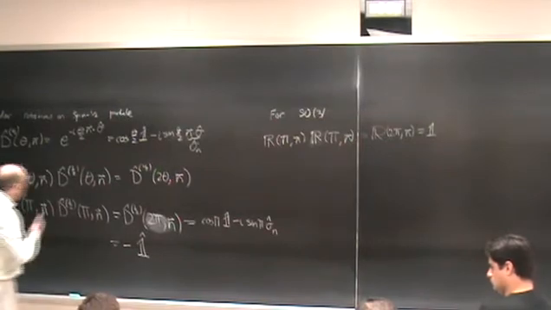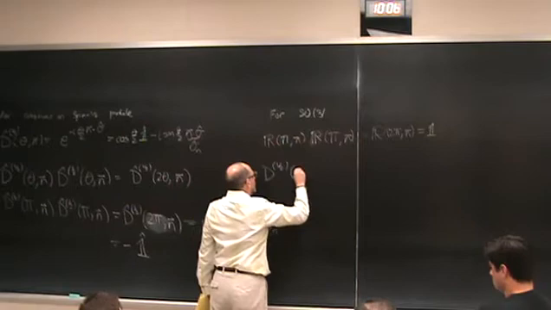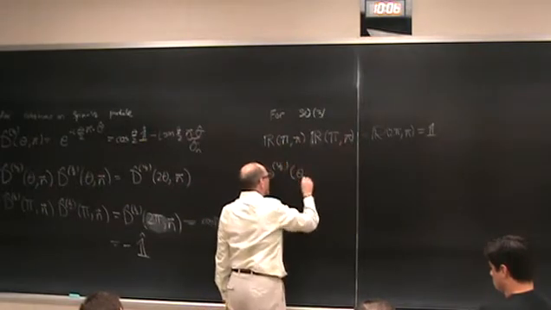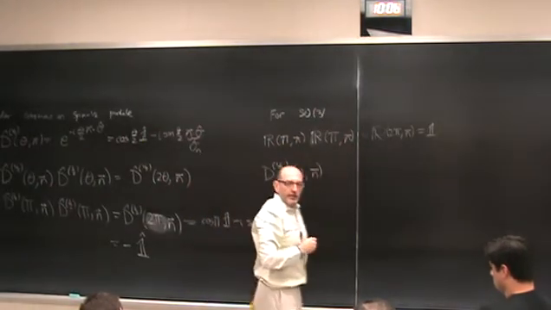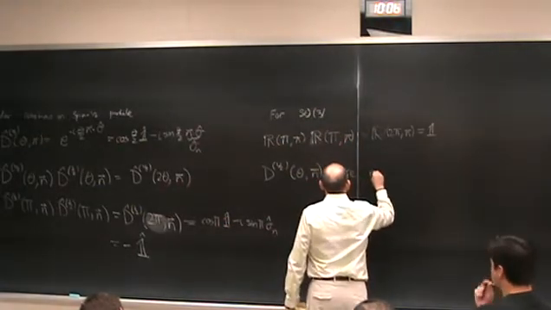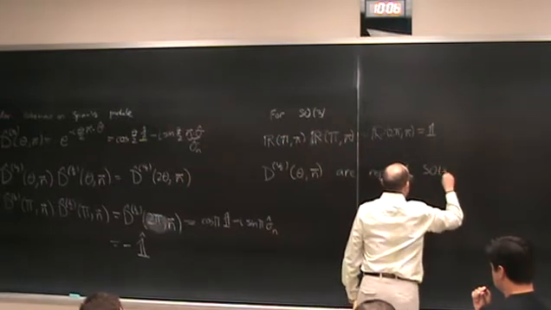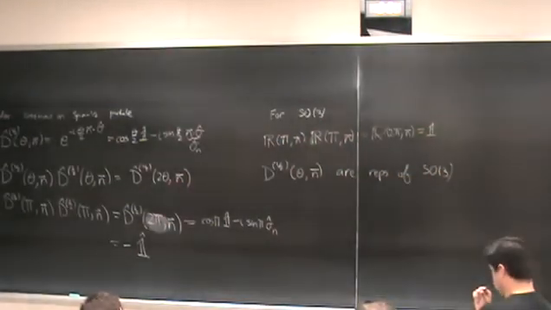So what we learned, first of all, is that these, and we're going to come back to this for the general J in a moment, are not reps of SO(3). But they are a group. What group is it?